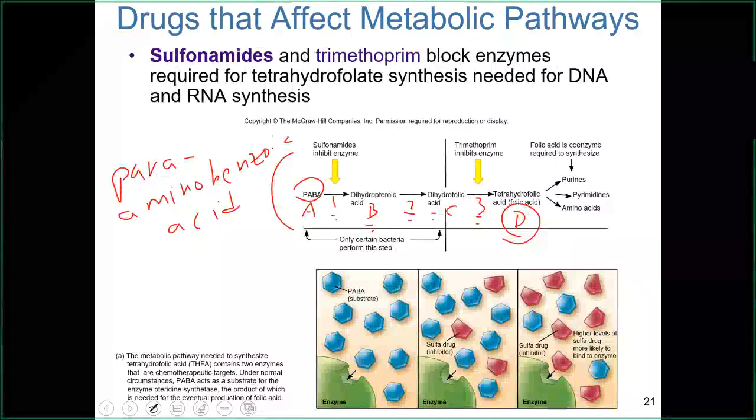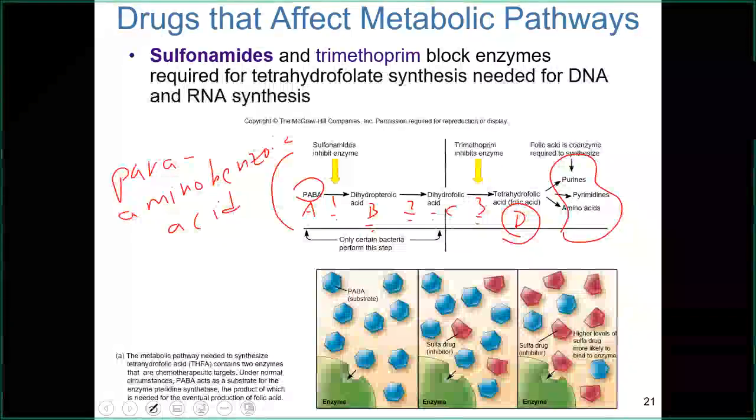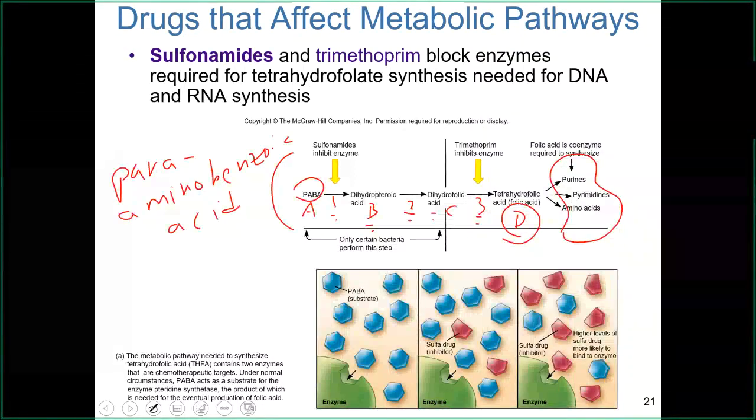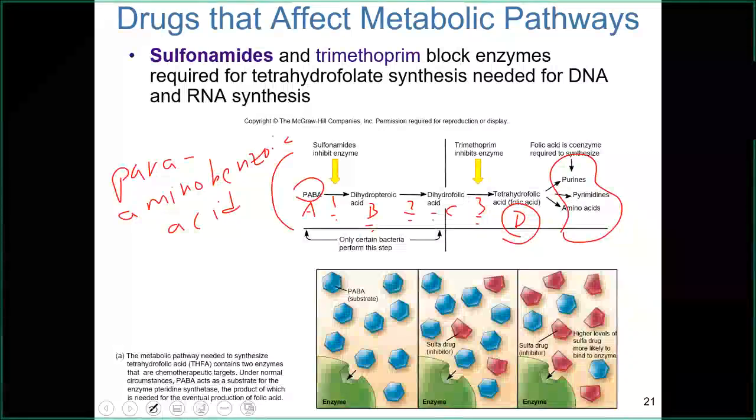Now, I'll tell you, if they don't have folic acid, they don't function. It kills them because they need it to make all of these things. Purines, which are adenine and guanine, they need those for their DNA, right? And their RNA. Pyrimidines are cytosine, thymine, and uracil. They need those. They don't have those, hey, they're out of luck. And then amino acids are used for making proteins.